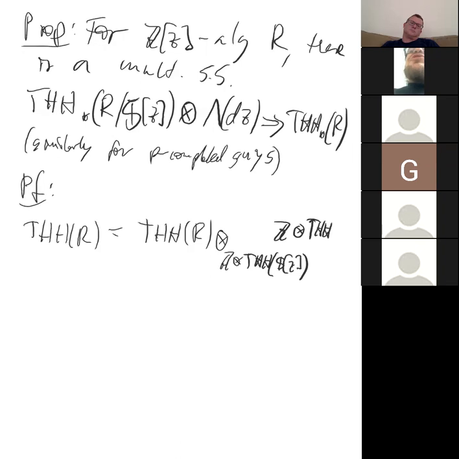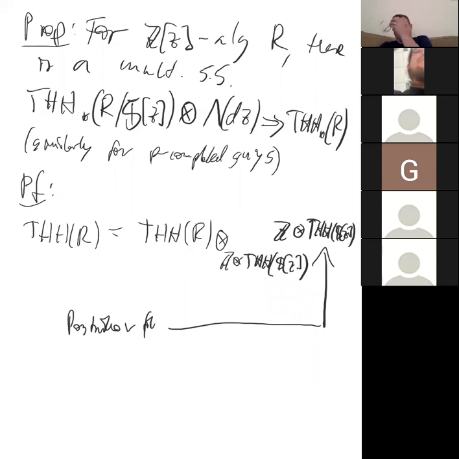That's just for trivial reasons THH of R. But now we've seen that this has just homotopy Z adjoint Z in degree 0 and 1. So you take the Postnikov filtration on this. And that's why this also plays nice with multiplicativity somehow. The Postnikov truncation behaves well with multiplicativity.